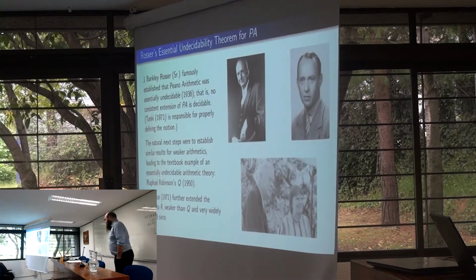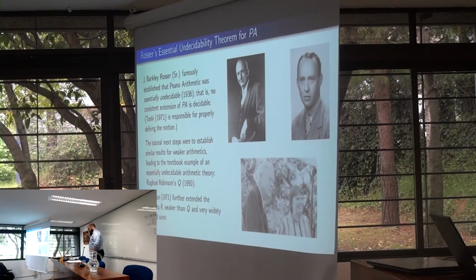So let's begin. Rosser's undecidability theorem, proved by J. Barkley Rosser, proved the essential undecidability of Peano arithmetic in a 1936 paper. To say that the theory is essentially undecidable is to say that no consistent extension of that theory, in this case PA, is decidable.